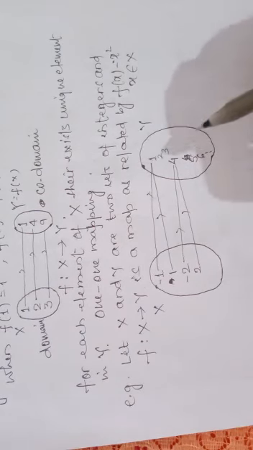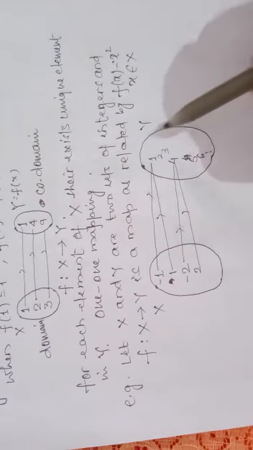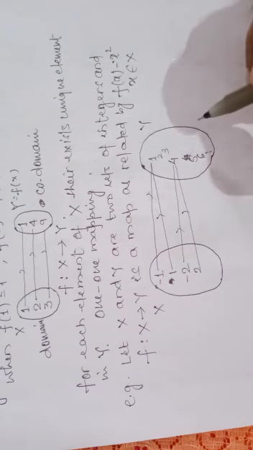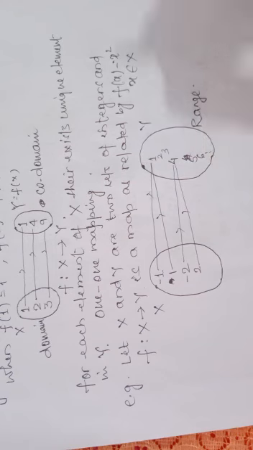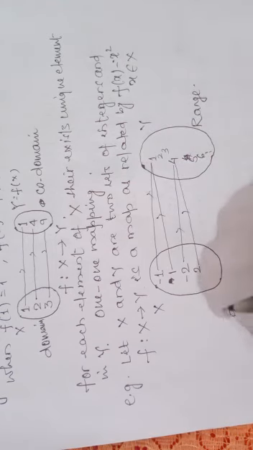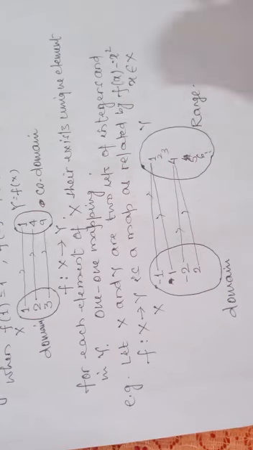In that case, the set Y is not called codomain, it is called range. As usual, the set X is called domain and this is range.